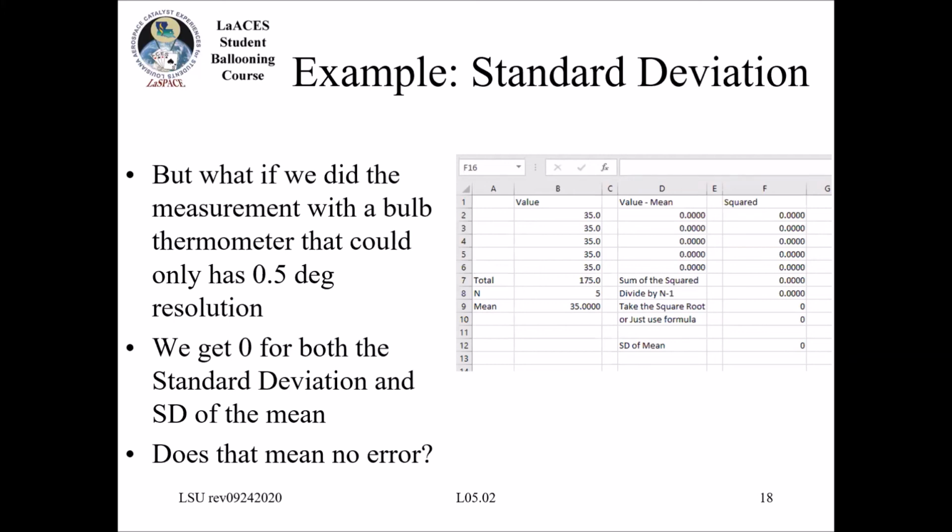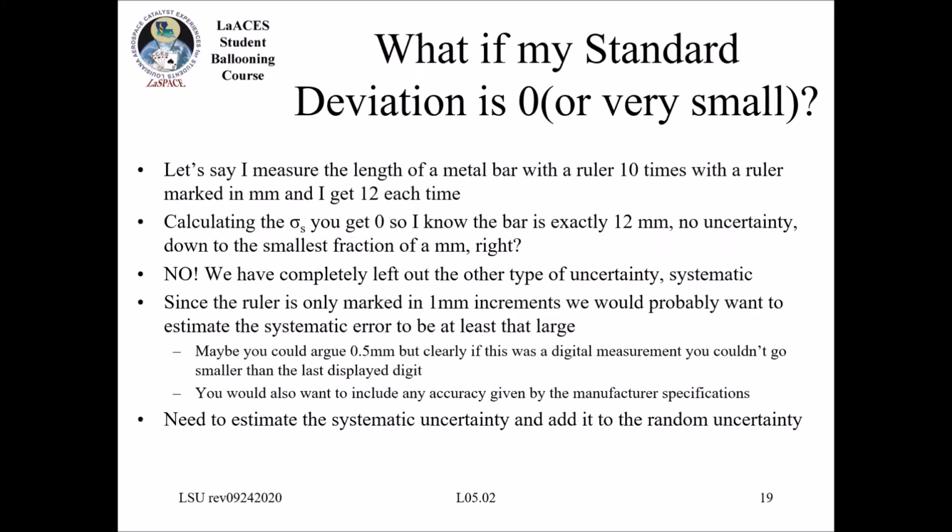Well, now if I'm rounding that, I'll probably get the same value 5 times. And if I repeat the calculation, I just get a 0 for the standard deviation and the standard deviation of the mean. And the question then comes, well, does that mean my measurement has no error in it? Well, no. I mean, obviously, there has to be some error.